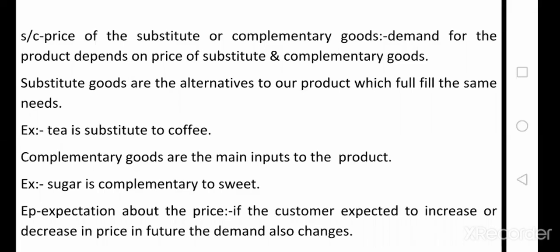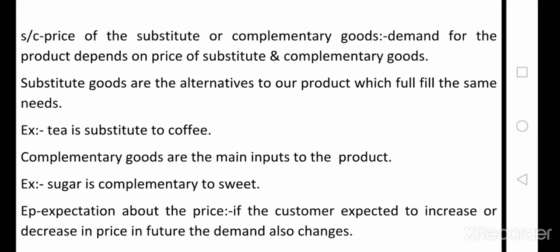That means if the TV gives you entertainment with a number of options, and the same-featured product is available in the market at a lower price, then every customer is ready to move to the other product instead of the TV, because it fulfills the same needs. Like that, substitute goods are alternatives to our product which fulfill the same needs.